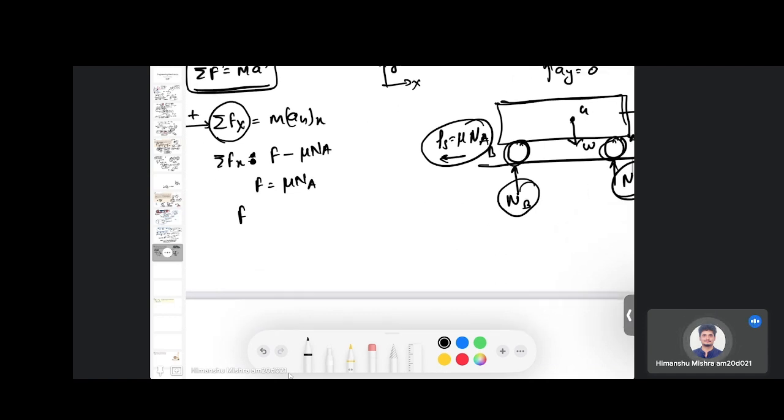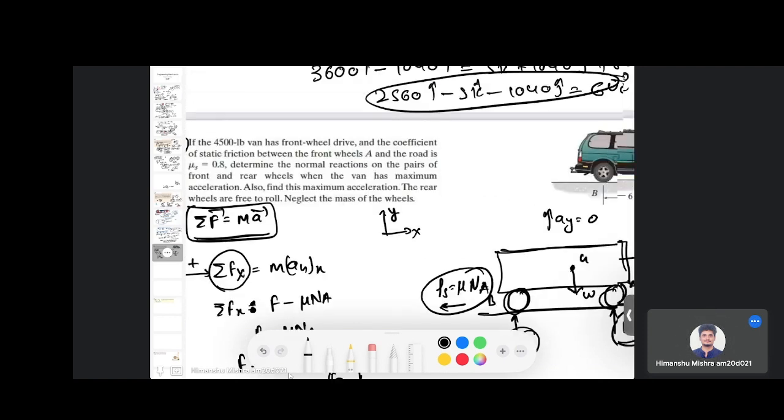So my force is equal to m times acceleration in the x direction, which is mu Na equals m Ax. This is my maximum acceleration as well, because there is no component of acceleration in the y direction, which means all the acceleration is in the x direction.